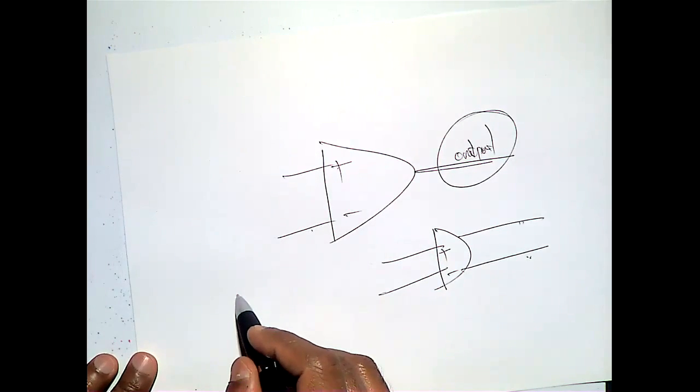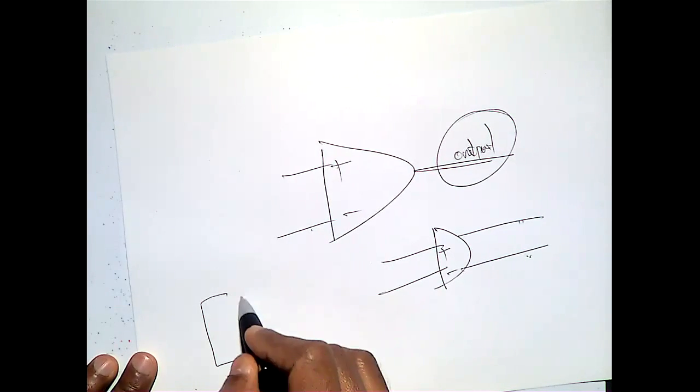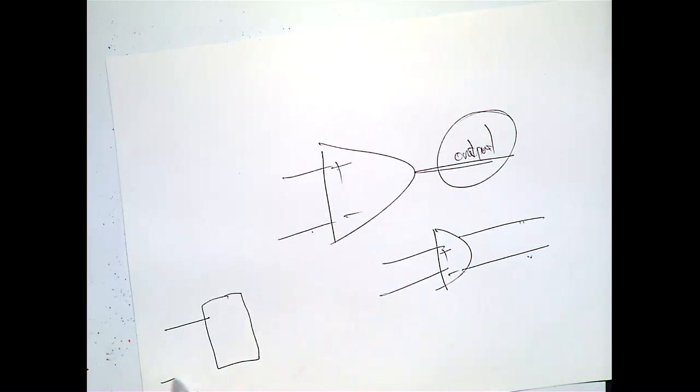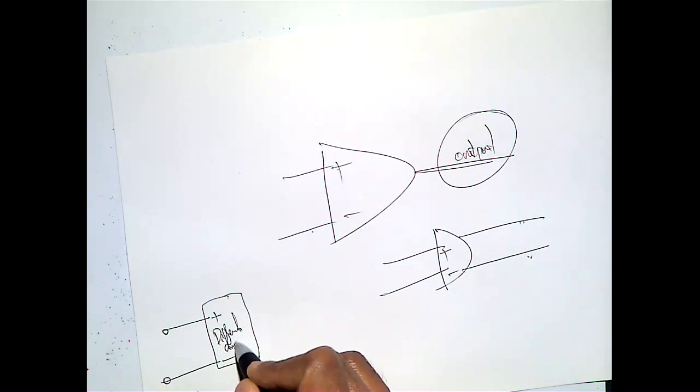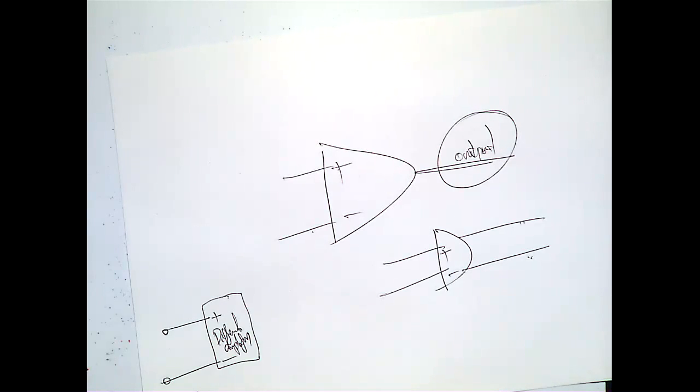Secondly, when you design an operation amplifier, your first stage is a differential amplifier. For the differential amplifier, in order to get very good noise rejection, how will you take the output? You will be taking Vx minus Vy.